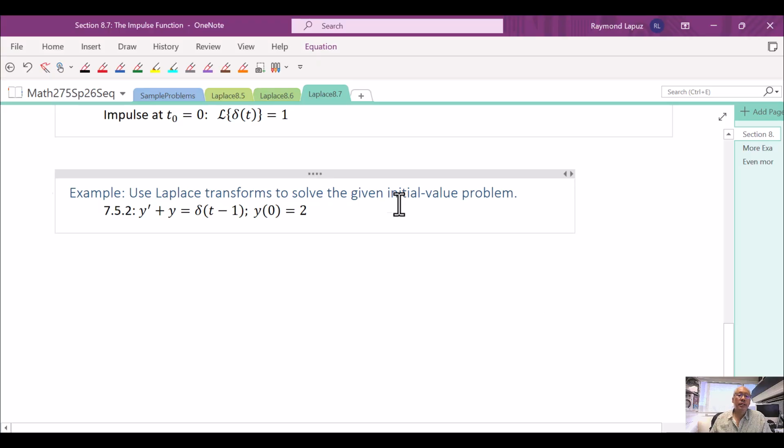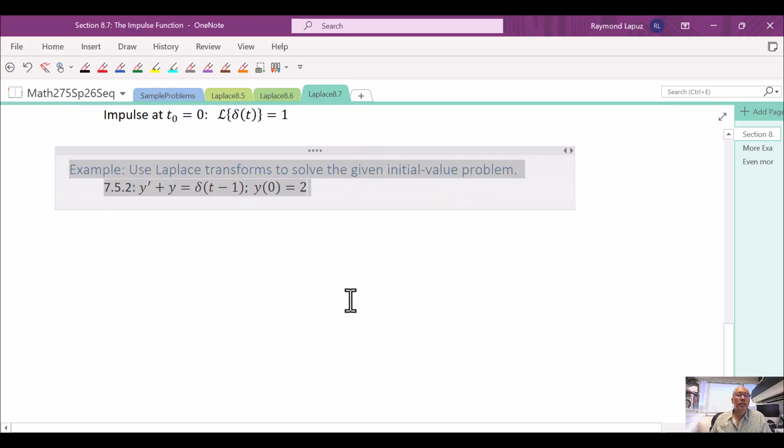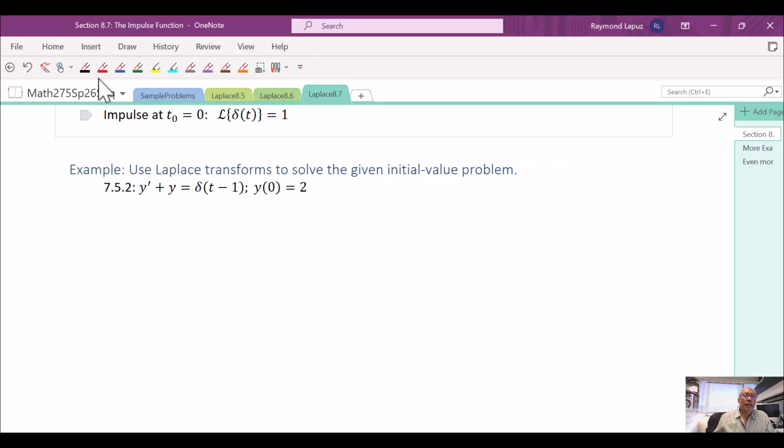So let's see our delta function at work in an example of a differential equation. Here is a simple first order linear differential equation, and I think we're ready to Laplace transform. This is the first derivative. If you remember, the first derivative is just s times Y minus y of 0.